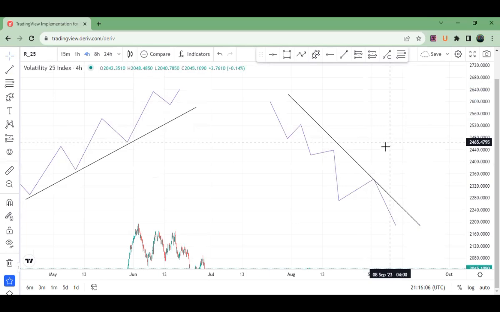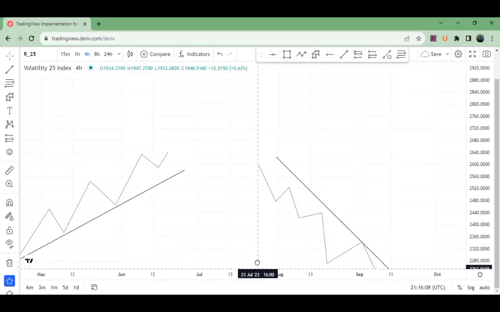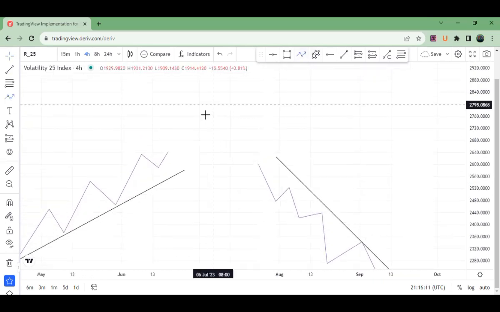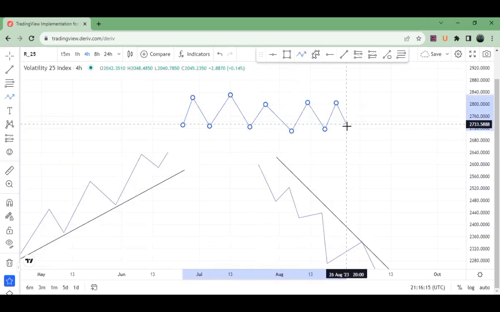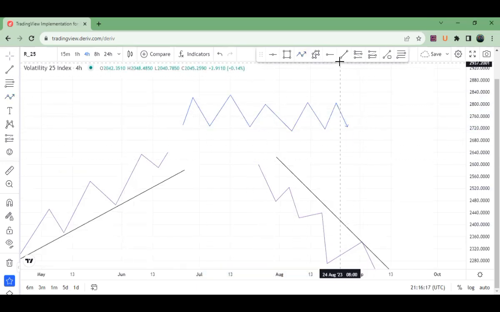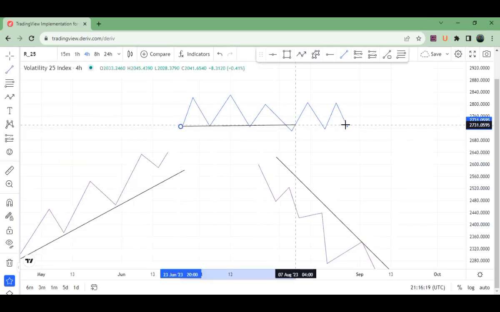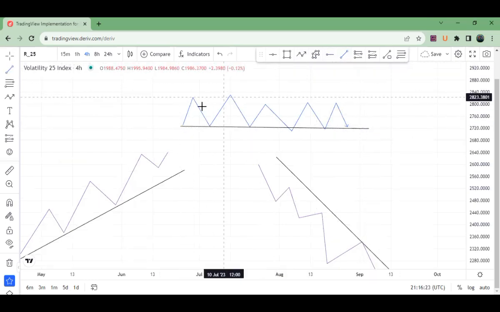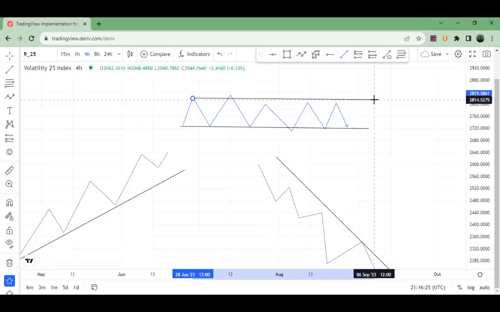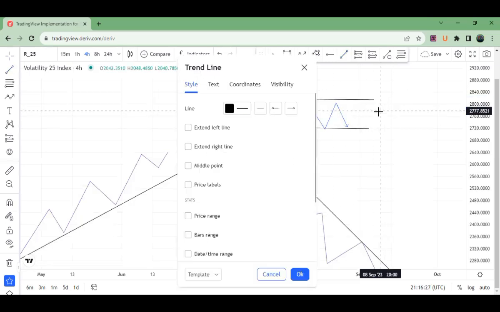And then the third one is when price is ranging, it has no structure, just sideways. Then you can say the market is on a range, or you can call it indecision. The market is indecisive here.